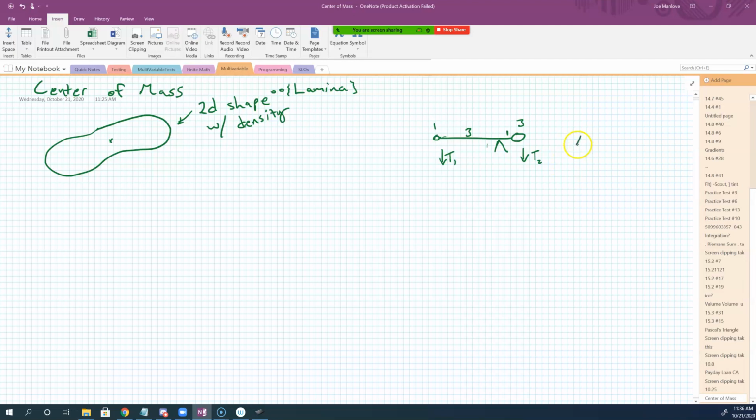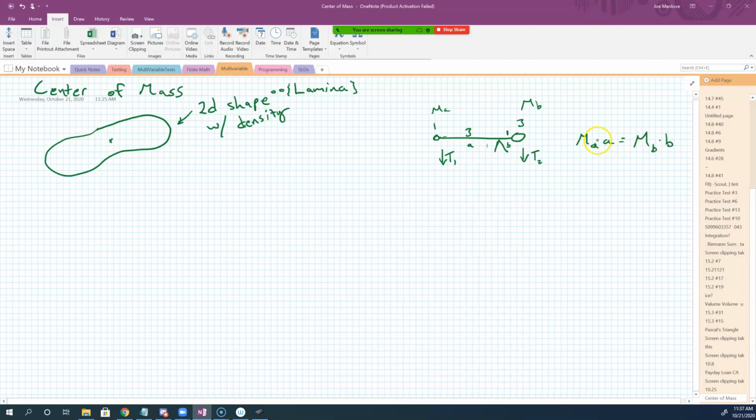That would be m1 times this distance a, or I suppose the mass at a distance a times the distance a. Right, so this is ma, mb over here. That's a distance b. It could be ma times a equals mb times b.